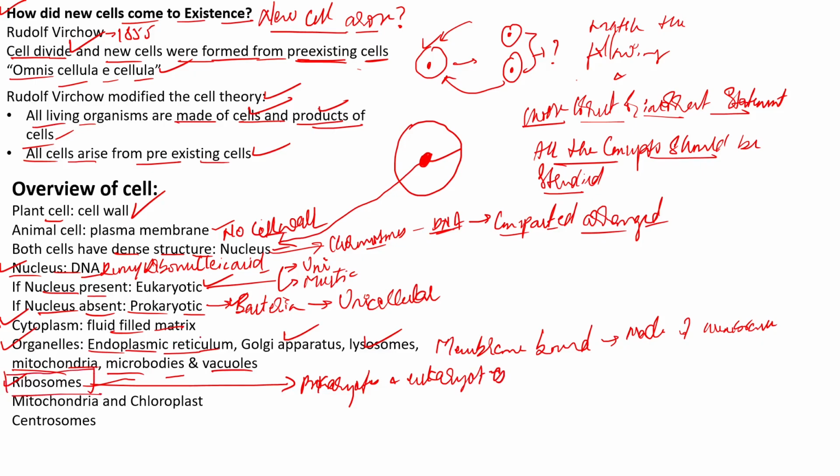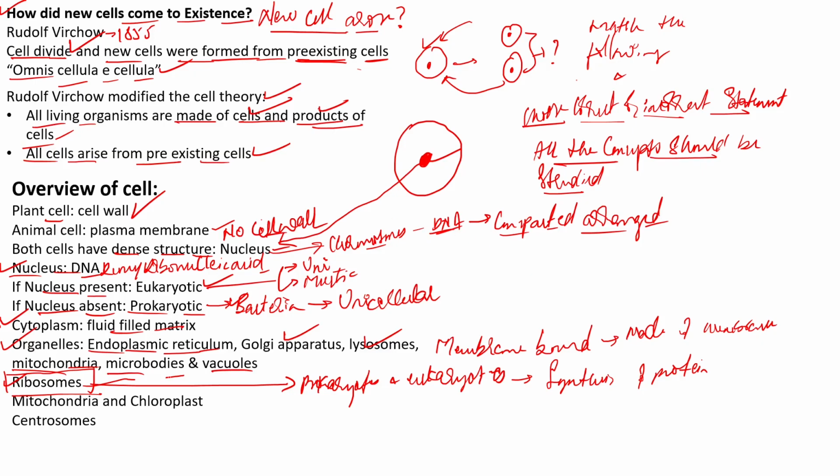The main function of the ribosome is the synthesis of proteins. Formation or synthesis of proteins is mainly done by the ribosomes. There is some structural difference between the ribosomes of prokaryotes and eukaryotes, but it is a common structure that you find in both, and the function is the same.